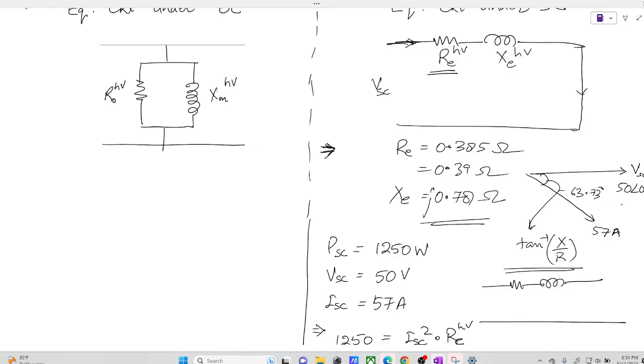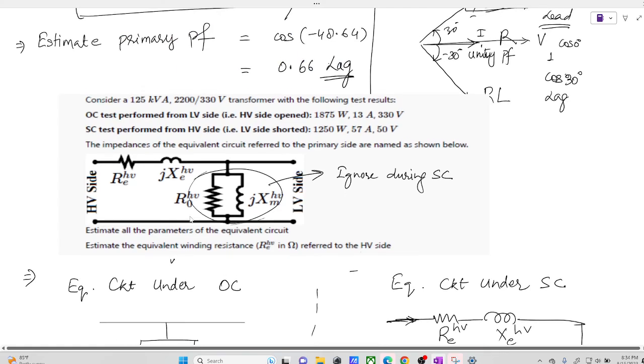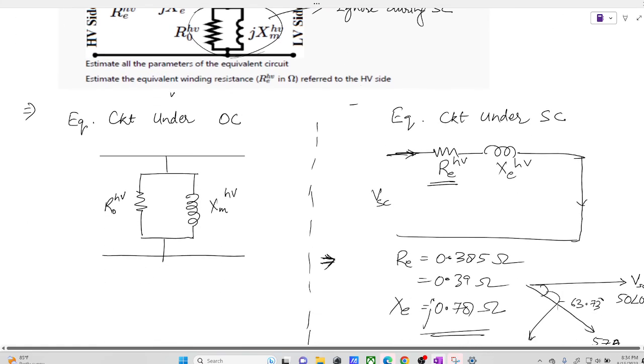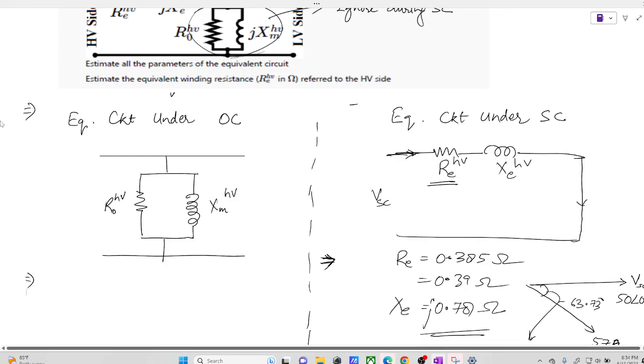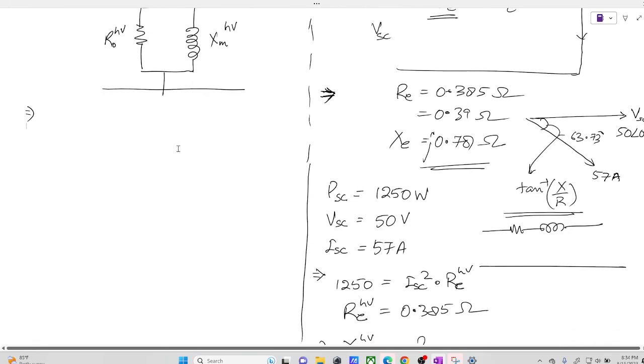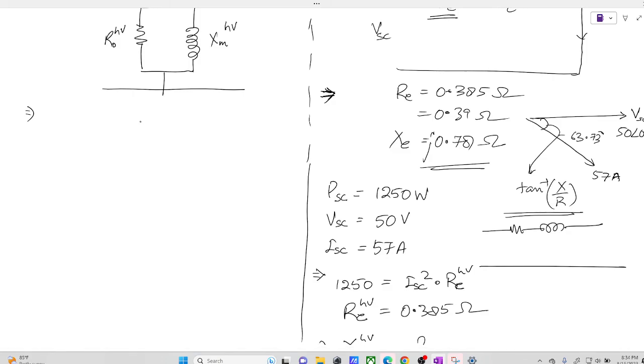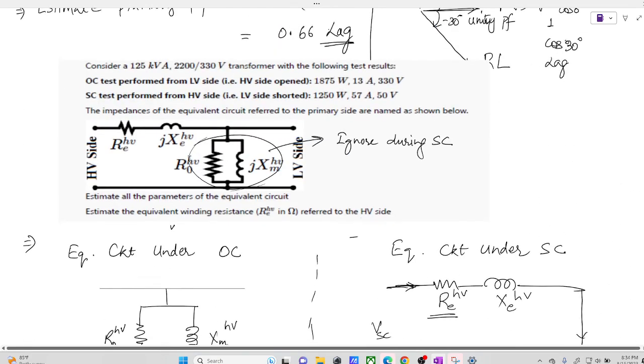Now, in the case of the open circuit test, what we have to calculate next is R naught and XM. Here they have given the rated conditions.